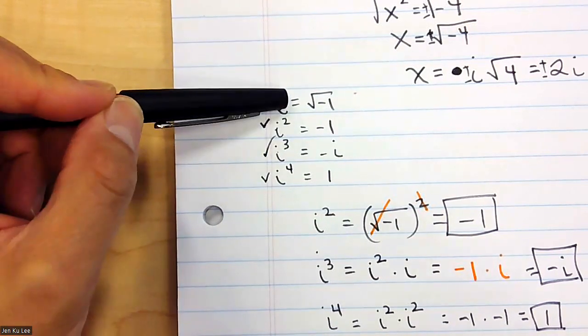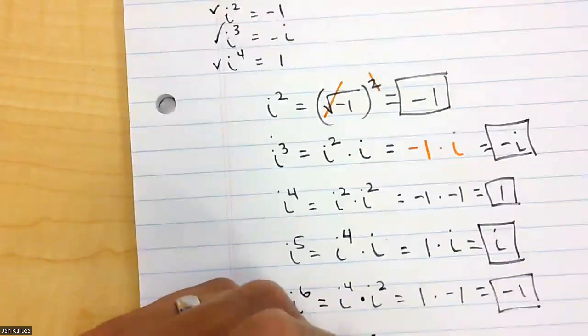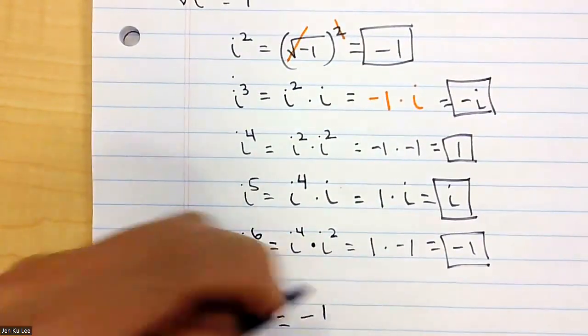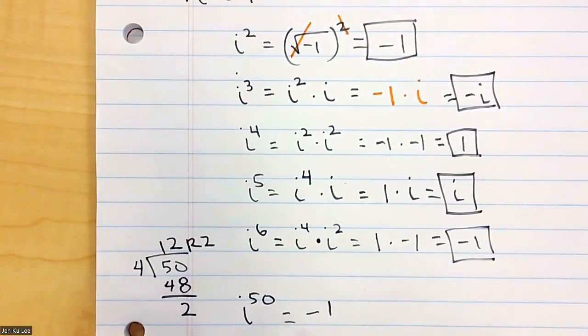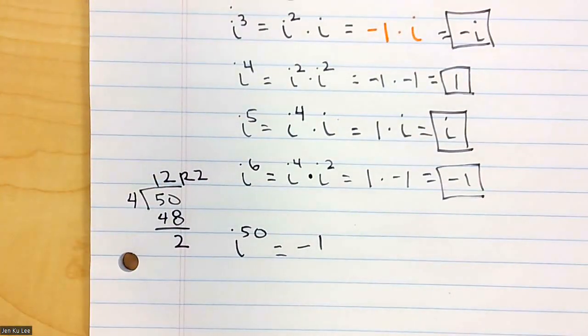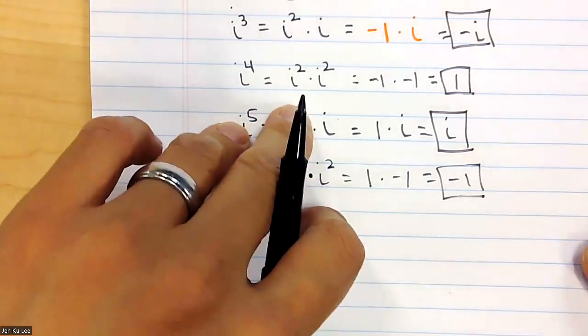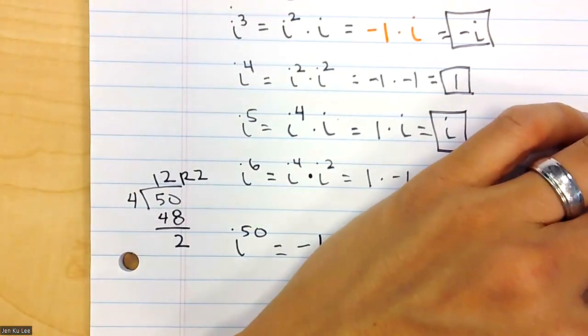So 49 and then 50. So i to the 50th is negative 1. Okay? All right. And if you guys have any questions on this, please bring it back to the class next time that we do meet.